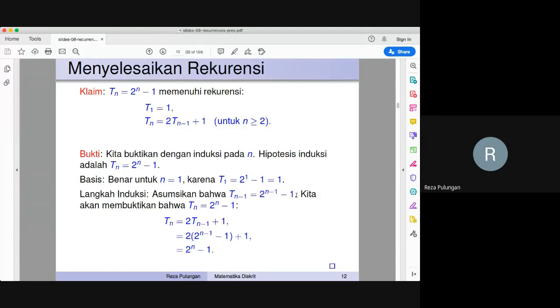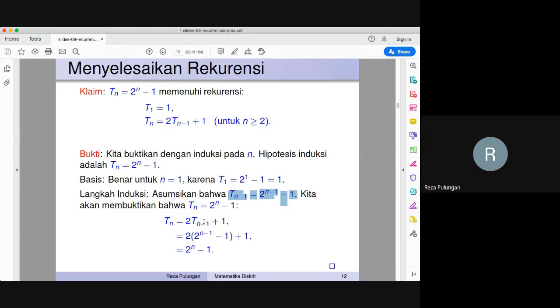Now, if we believe this one, then by using this claim we will show that Tn is equal to 2 to the power of n minus 1. So Tn is equal to, use the recurrence, use this fact right now, because this is the only fact that we know. Tn is equal to 2 times Tn minus 1 plus 1.